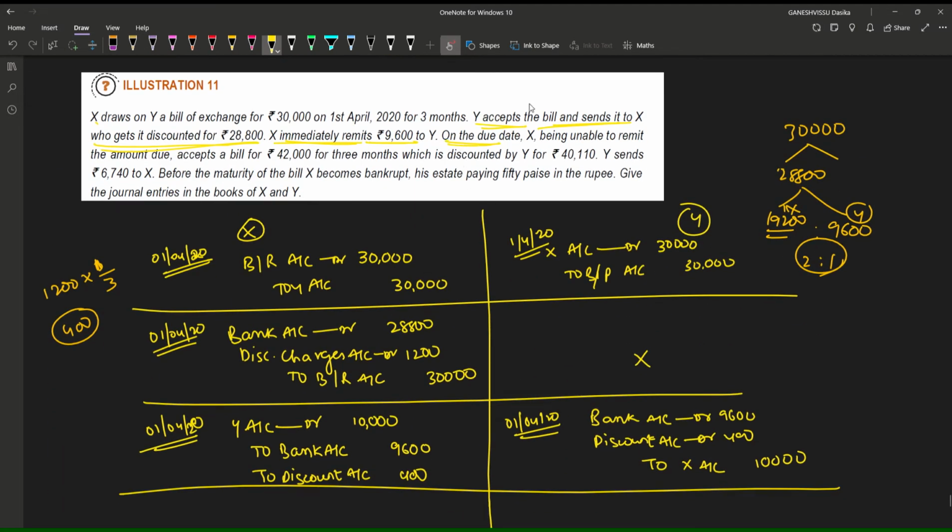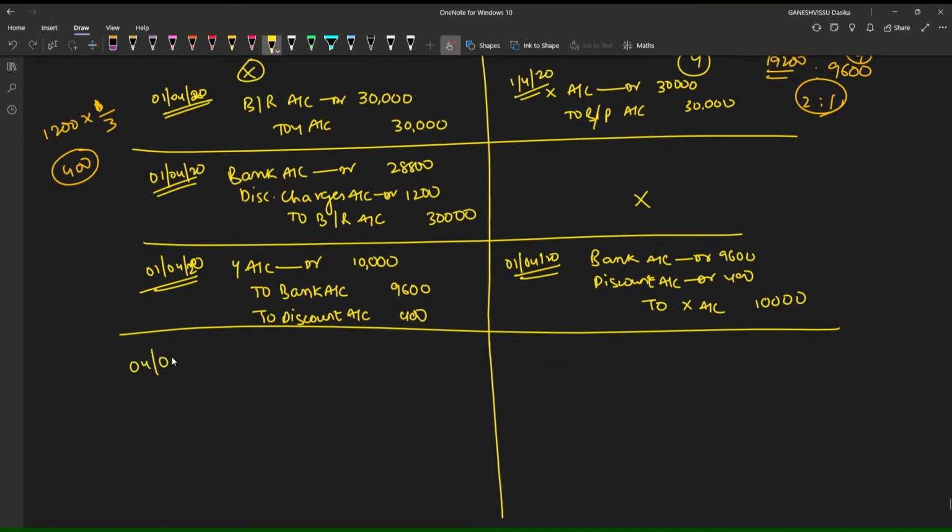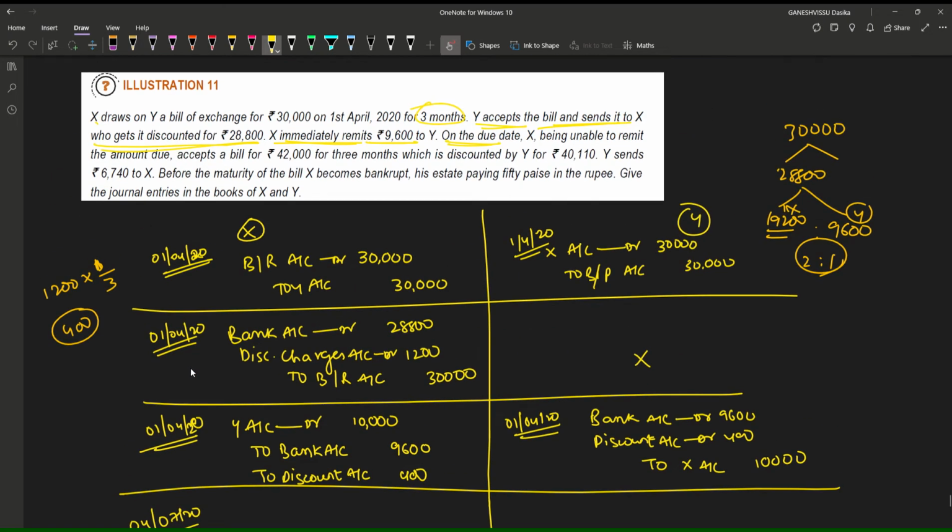On the due date, which is for 3 months from 1/4/2020: April, May, June, April completed, so 4th July. 4/7/2020 is the due date. On 4/7/2020, X is unable to remit the amount due and accepts a bill for 42,000 rupees.